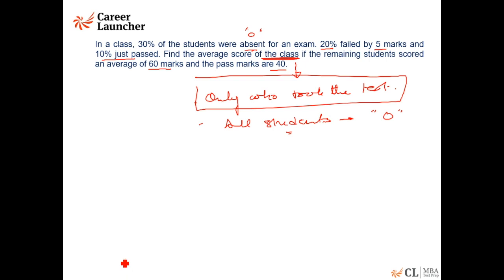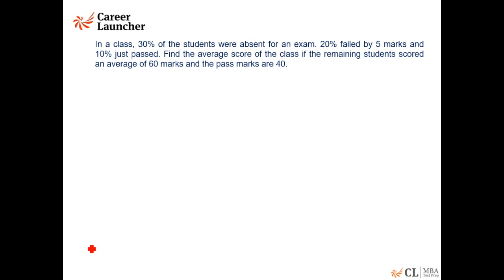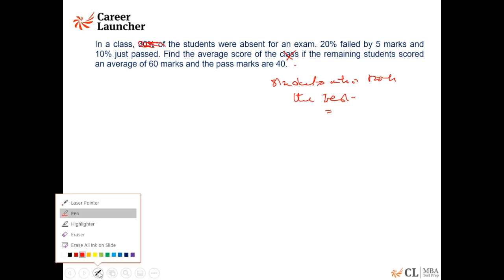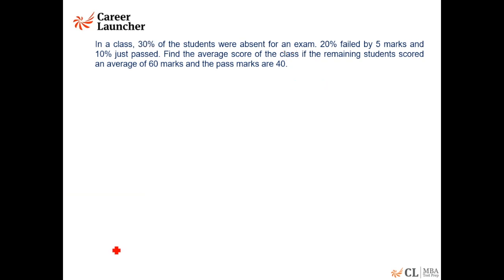Now, had the question said, find the average score of the students who took the test, then I would not have worried about these 30% students at all. But here there is a slight ambiguity, and hence I need to take a call. My call will be, I will look at average score of the class. Class comprises those 30% students who did not take the test, so I'll give them 0 marks.